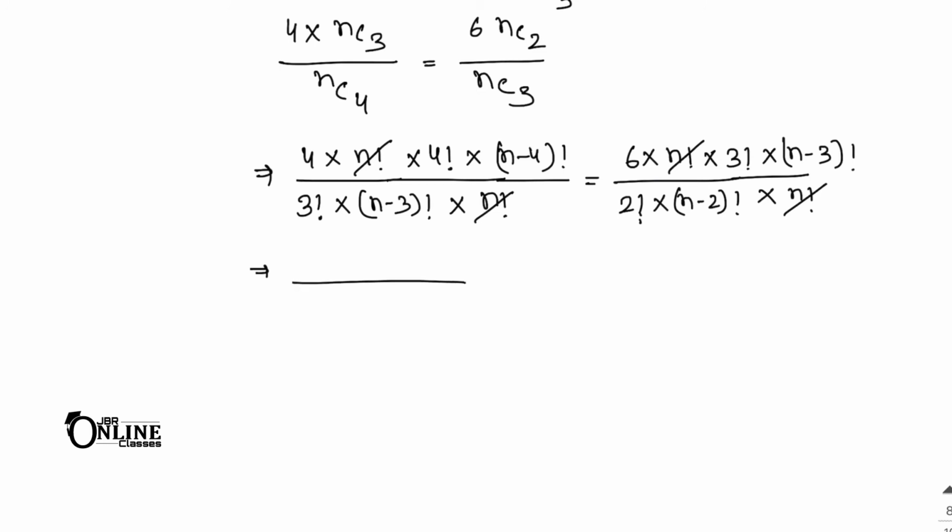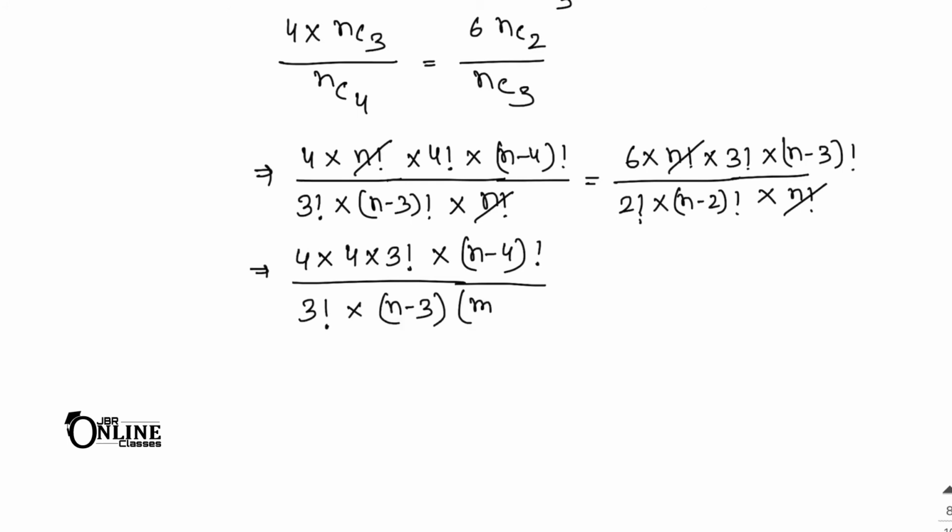Now next, 4 into, as 4 factorial means 4 into 3 factorial and n minus 4 factorial, so write n minus 4 factorial. Next, 3 factorial, n minus 3 means n minus 3 into n minus 4 factorial, so write n minus 4 factorial.